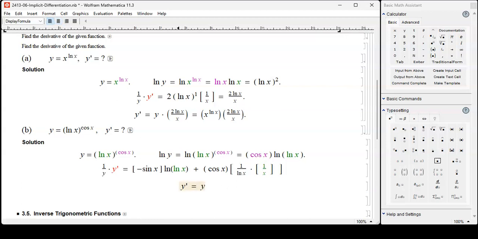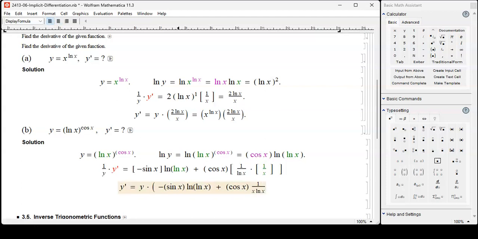It is y times this thing, negative sine of x times log of x, cosine of x times 1 over x log of x. I just rewrote this.